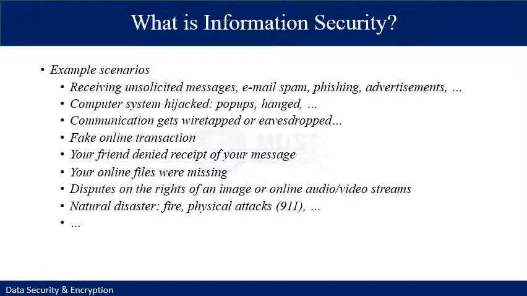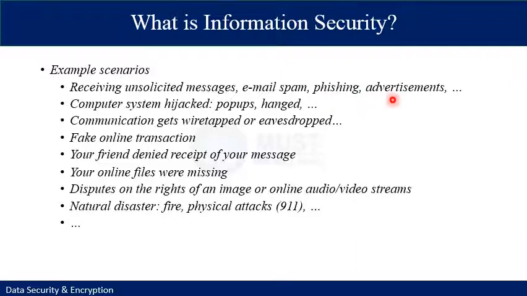Let's get started with some example scenarios where information security is needed, and what information security is. You can see a number of examples where information security or data security is required. For example, when you receive unsolicited messages, email spam, phishing requests from some sender, or some unwanted advertisement.